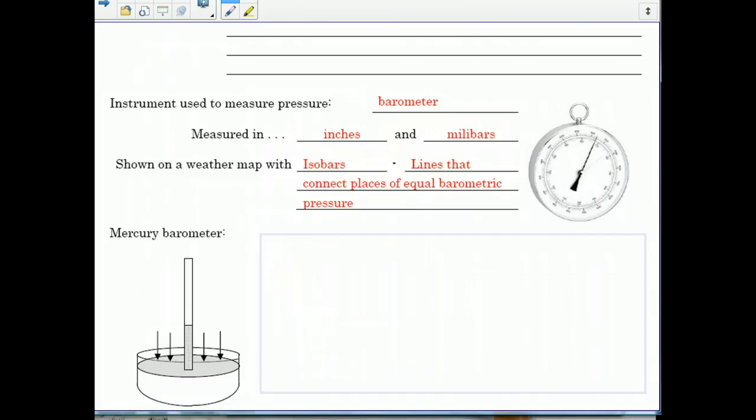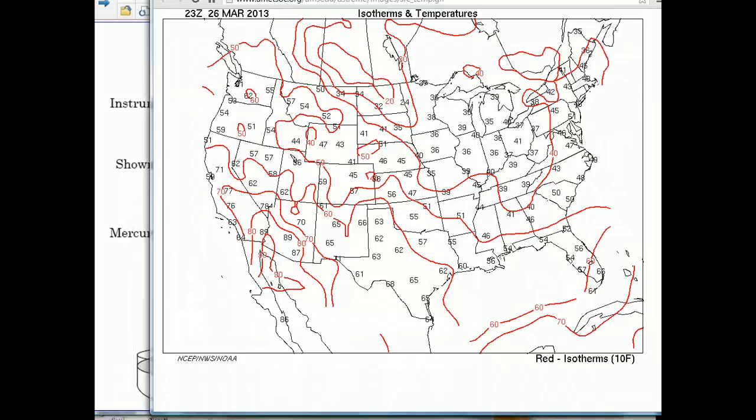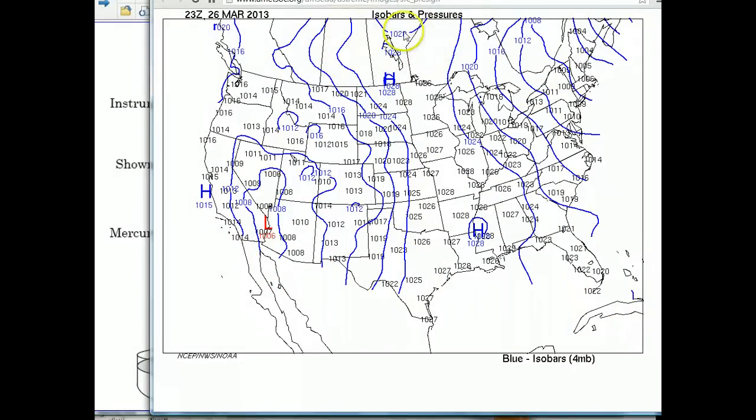And those places of equal pressure, if we look at this, here we go. Here are our isobars. These are in millibars. It's another unit of measurement for air pressure. And here we have 1024. All the places that are along this line are the exact same pressure, 1024. They go up by 4 millibar increments.